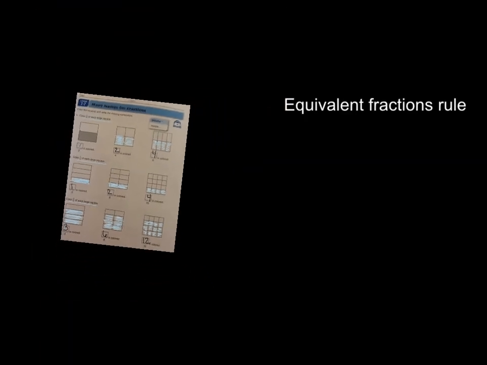What we just looked at was something called the equivalent fractions rule. If the numerator and denominator of a fraction, say 1/2, is multiplied by the same non-zero number, you get a fraction that is equivalent to the original fraction.